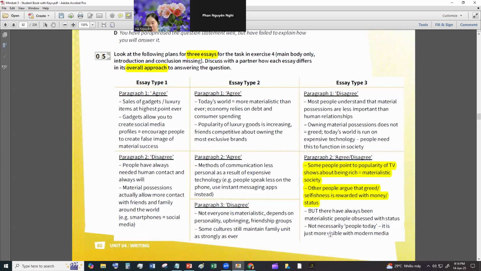It is just more visible with modern media. Okay, so you see in this paragraph, they point out the opposing view, the views that agree, and then they counter-argue that point. All right, so this is one way you can approach an opinion essay.